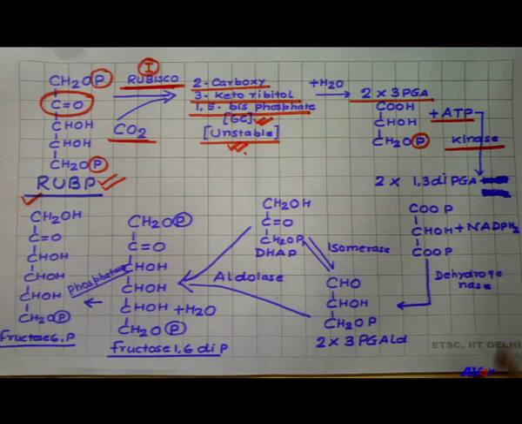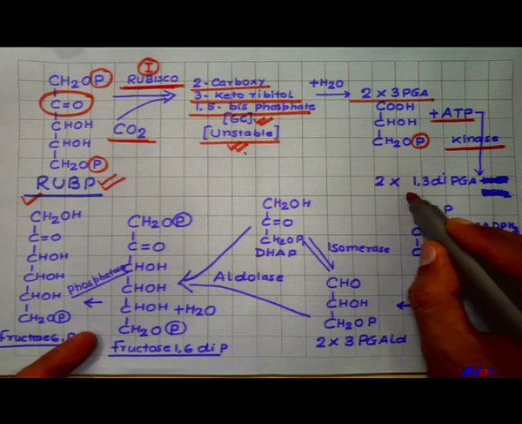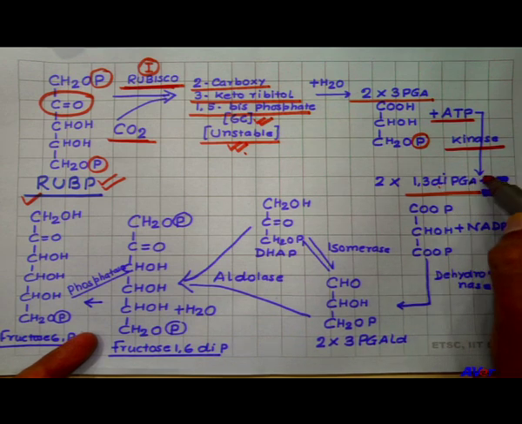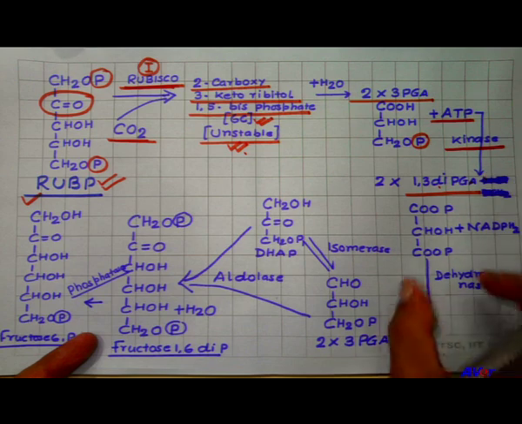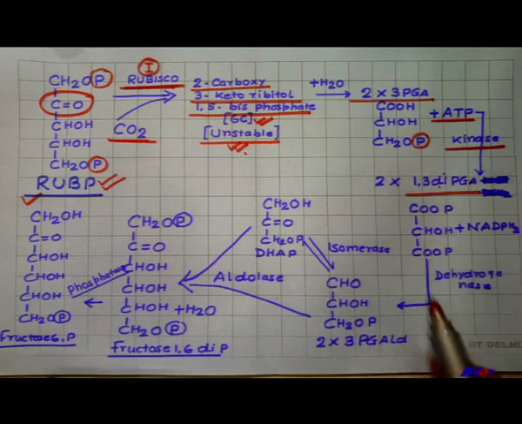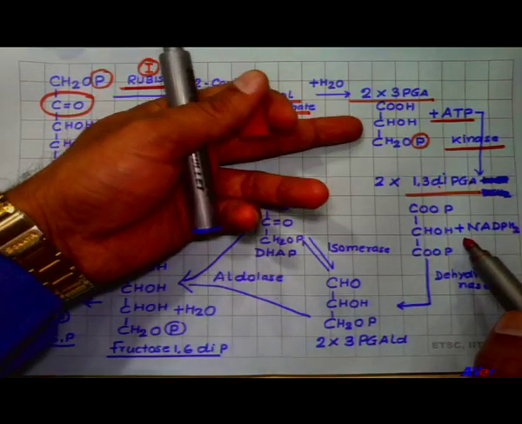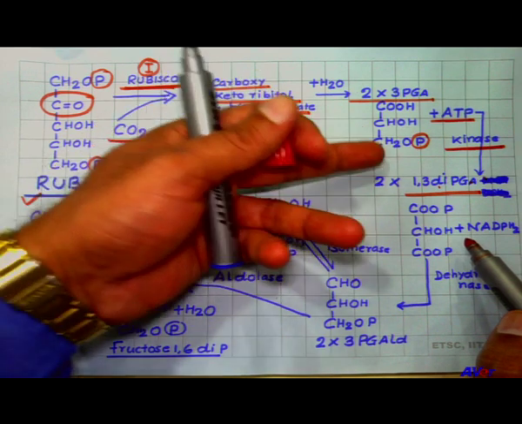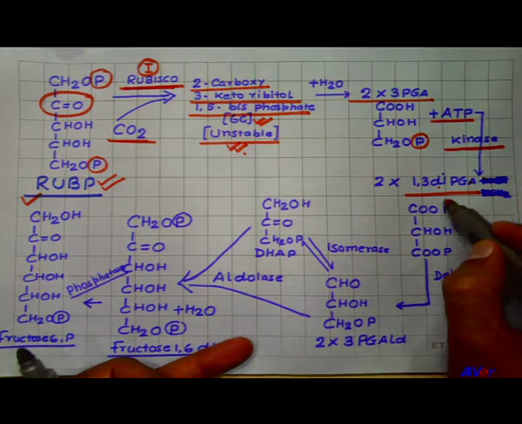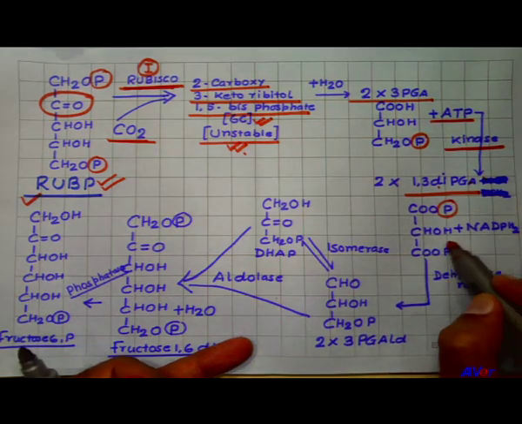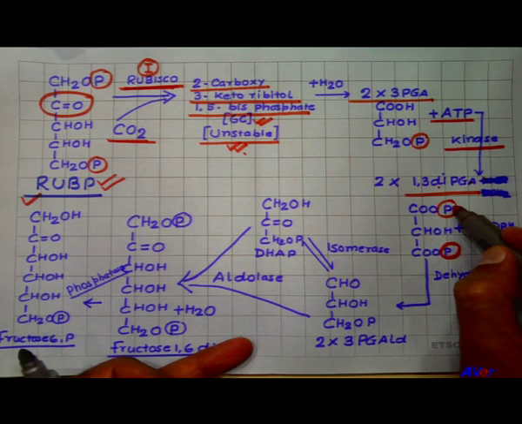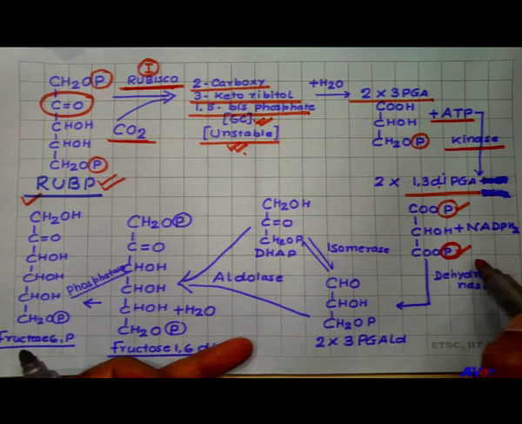It is converted into 2 molecules of 1,3-diPGA, meaning diphosphoglyceric acid. The molecular formula is the same as phosphoglyceric acid, COOH, second carbon CHOH and third one CH2OP, but here the 1st and 3rd carbons have the acid group with P, that is the phosphate group.